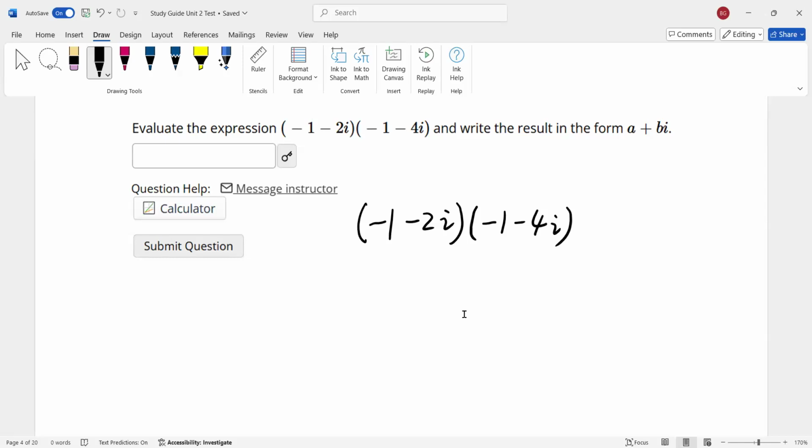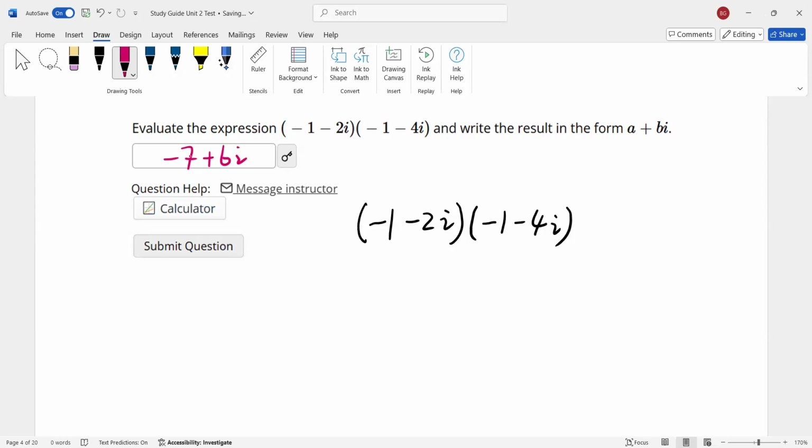What do you have, everybody? I got -7 plus 6i. -7 plus 6i. Let me check. That's what I also got.